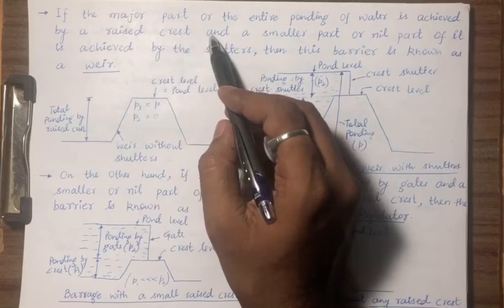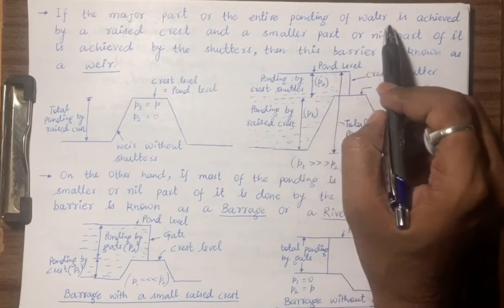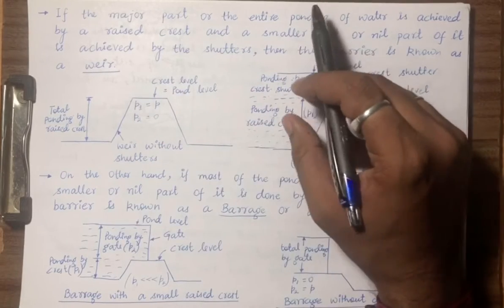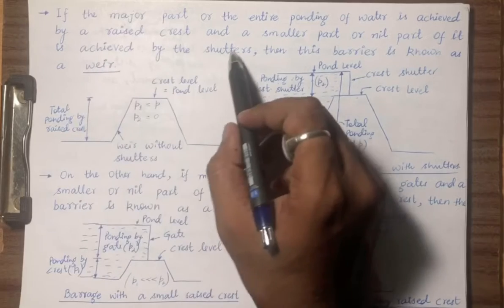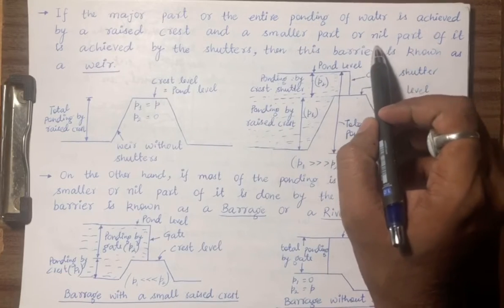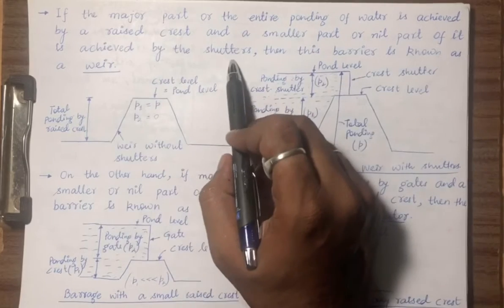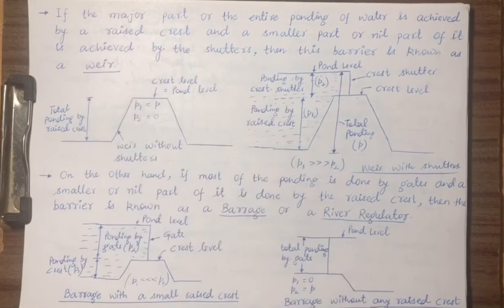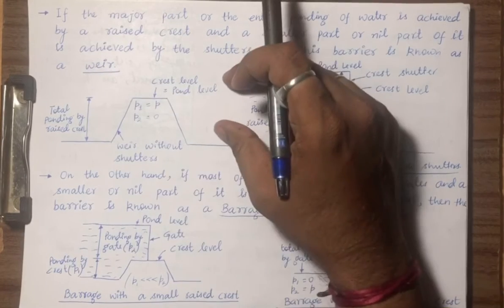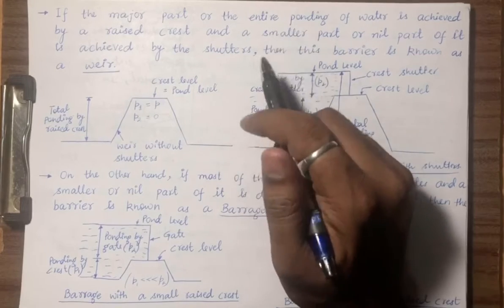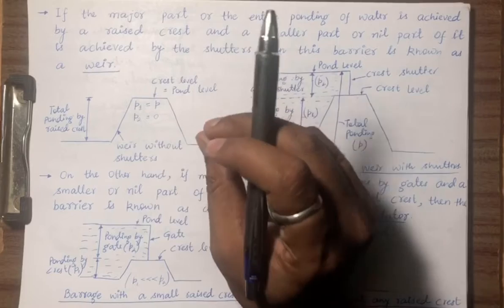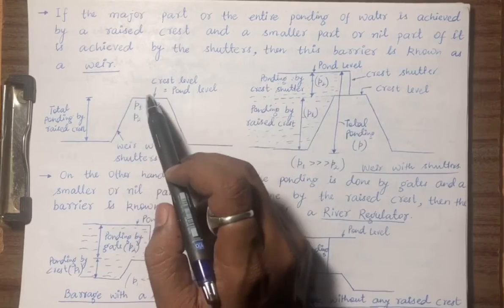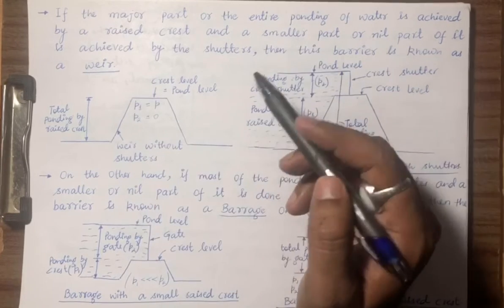If a major part of the entire ponding of water is achieved by a raised crest, and a smaller or negligible part of it is achieved by the shutter, then this barrier is known as a weir. The major portion should be raised by the crest, and a very small or negligible part should be raised by the shutter, then that structure will be a weir.